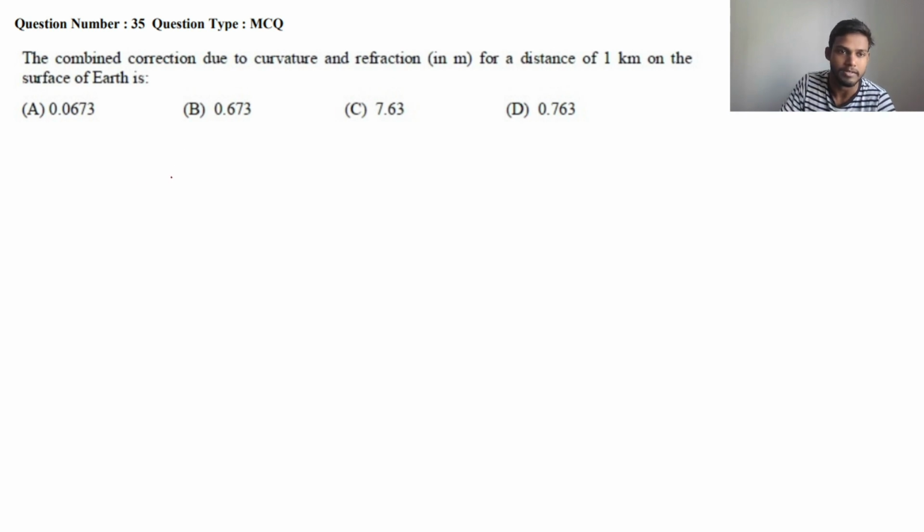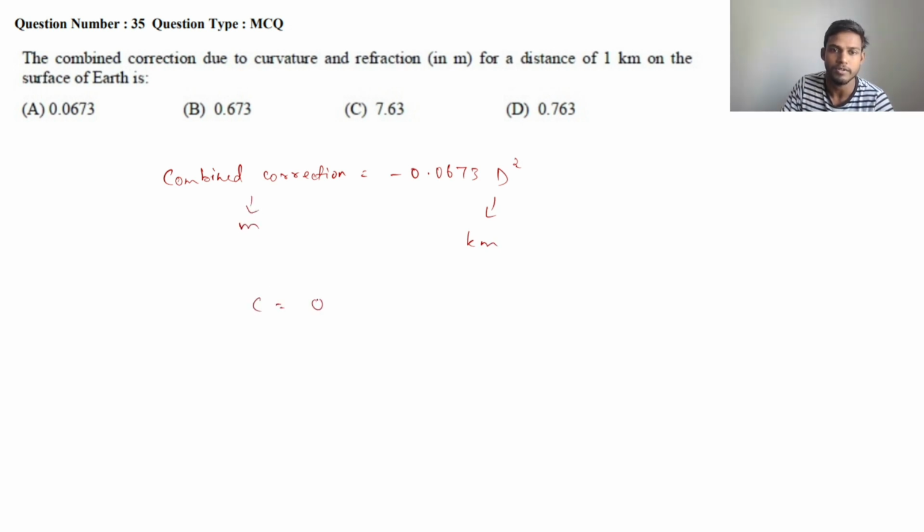We all know that combined correction is equal to minus 0.0673 d square, where d is the distance in kilometer, and the correction is negative. Into d square, 1 kilometer is given. It is equal to minus 0.067. A is the right answer.